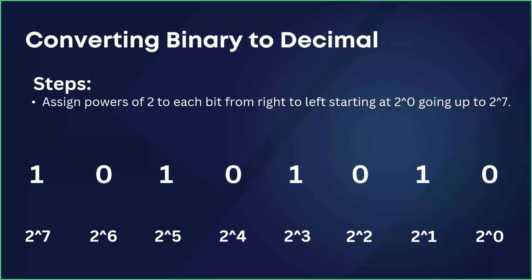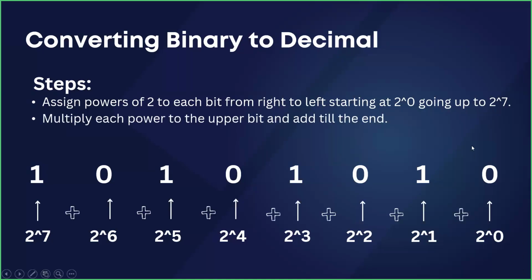Once those values are written, you multiply the lower value with the top bit. 2 power 0 into 0, plus 2 power 1 into 1, plus 2 power 2 into 0, plus 2 power 3 into 1, plus 2 power 4 into 0, plus 2 power 5 into 1, plus 2 power 6 into 0, plus 2 power 7 into 1.